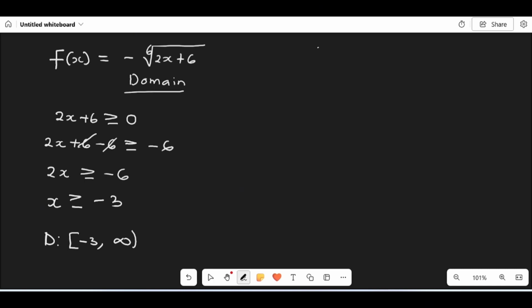Now let us find the range. This is our function, but the root part, the sixth root of 2x plus 6, is always non-negative because sixth roots of non-negative numbers are also non-negative.